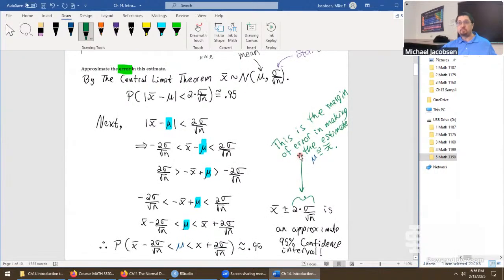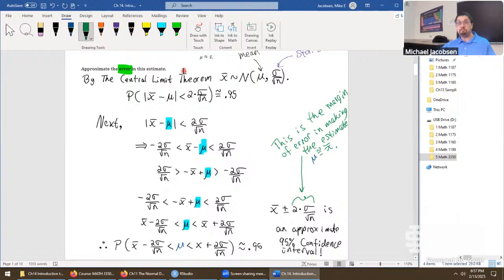But the purpose of this problem was really to just see how the central limit theorem works in the background, to get us down to the interval, and to really emphasize that that's now a good estimate because we have the error in that estimate. Twice the standard deviation divided by the square root of the sample size. Notice that the error is then going to shrink as the sample size goes higher and higher and higher. That's a great feature to have in your problem as well.